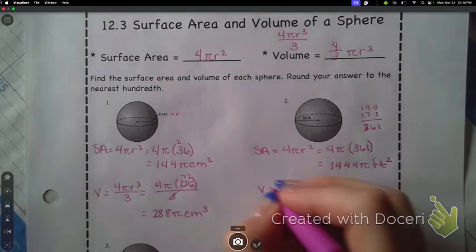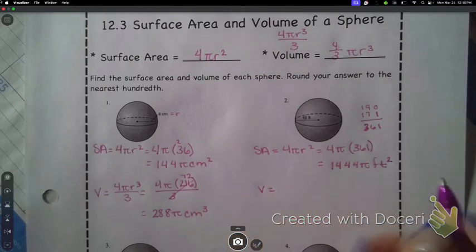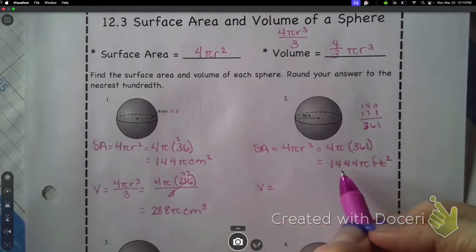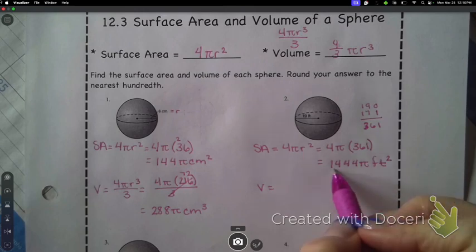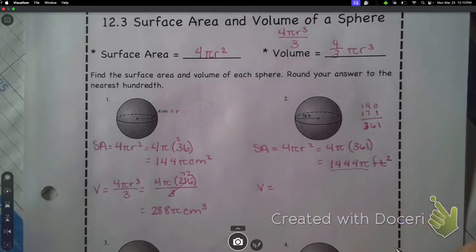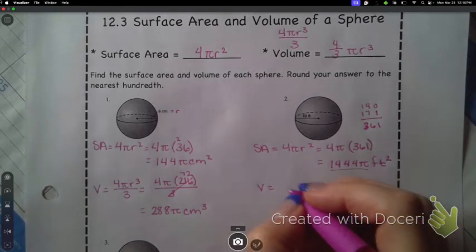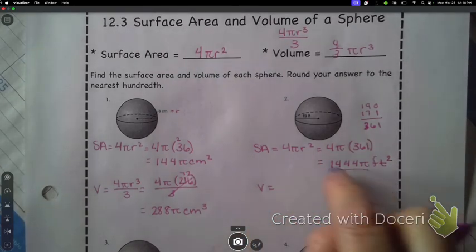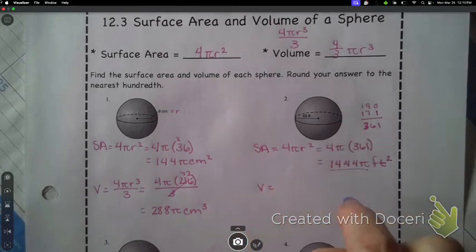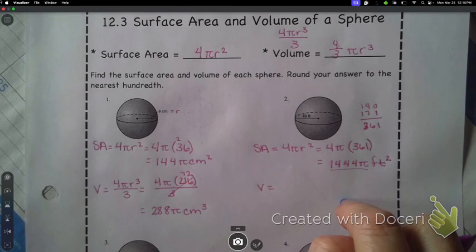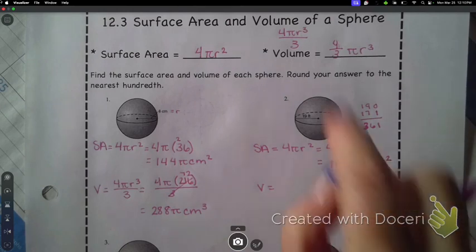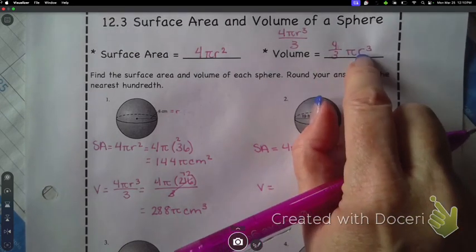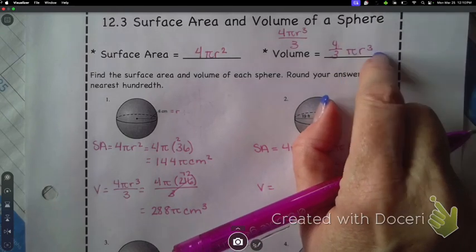So volume. And if you think about it this way, volume, don't I just take this answer and multiply it by 19 and divide it by 3? Isn't that what I do? Because here is 4 pi r squared. So you need your other r.